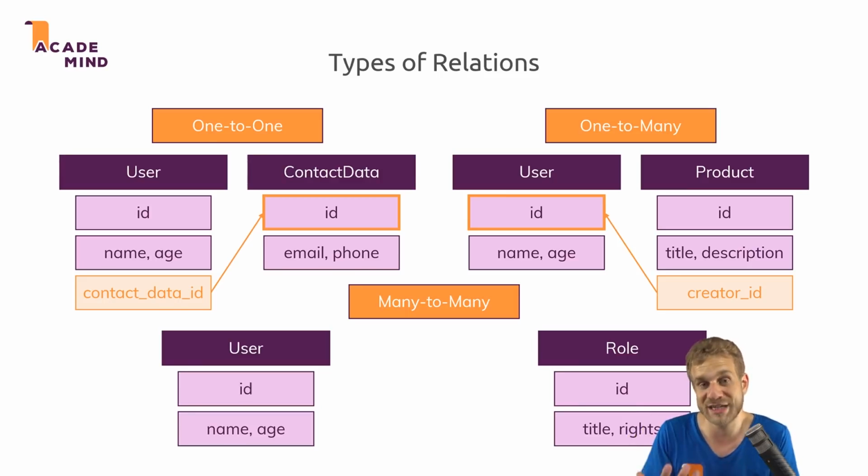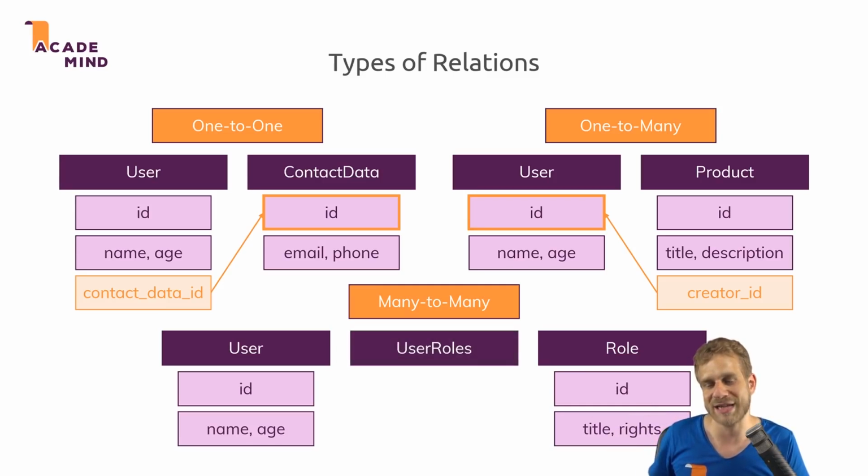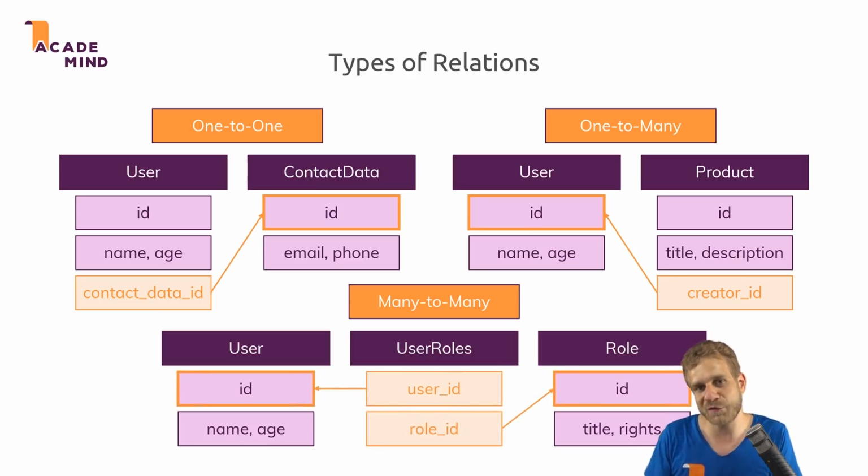And since we can't predict how many roles a user will have and how many users a role will be assigned to, we add an extra table in between, the user roles table. This table has a user ID and a role ID field, and therefore it creates as many connections as we need. That's a many-to-many relation.